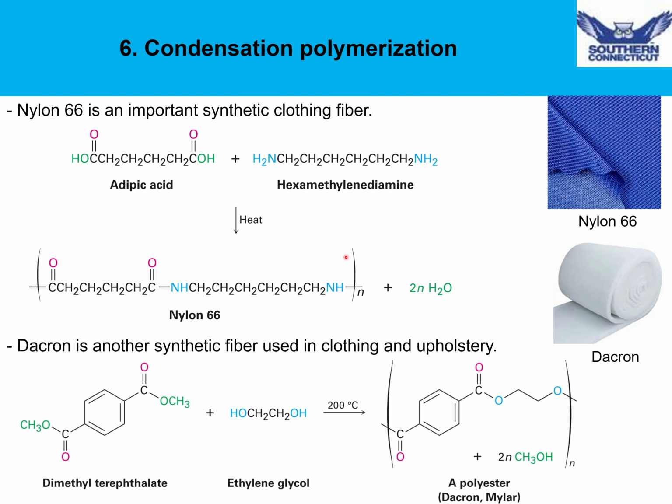Notice how we draw the product from one of these polymerization reactions. We typically abbreviate the monomer unit that we're using. In this example, we have the diamine, hexamethylene diamine, which you can see on the right side. On the left side, we have most of the adipic acid minus the OH group, since now the carbonyl is joined to the nitrogen.